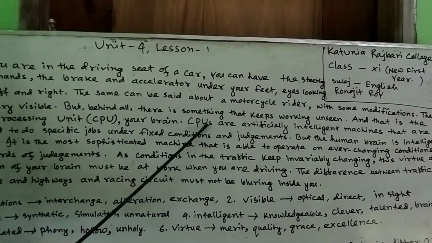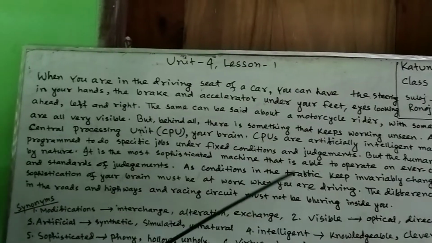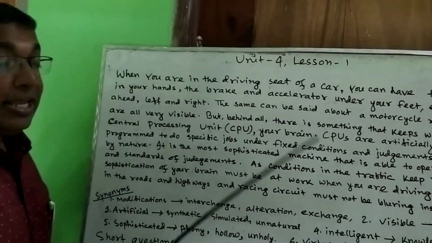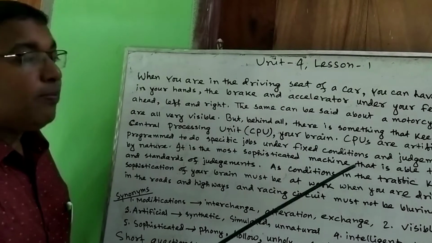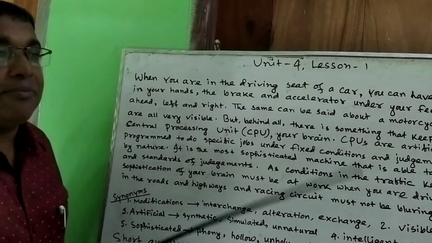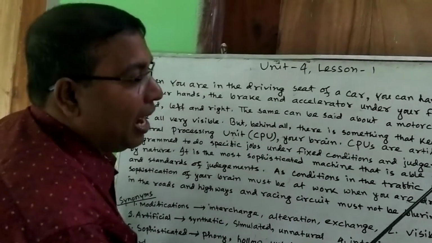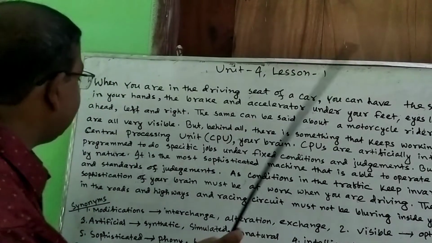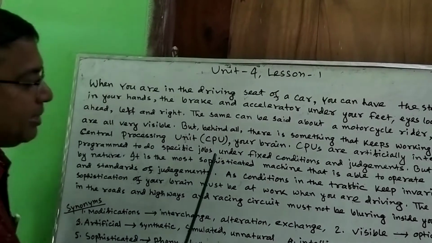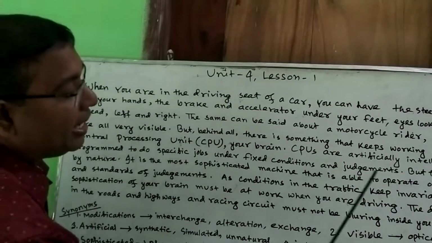We know CPUs have some intellectual power, but this power is not their own. This power has been programmed inside them, and so CPUs are artificially intelligent machines that are programmed to do specific jobs under fixed conditions and adjustments.